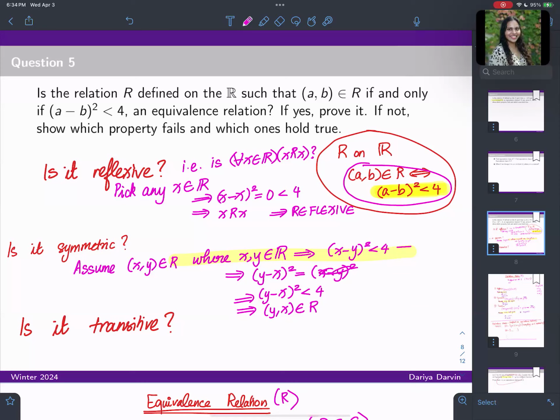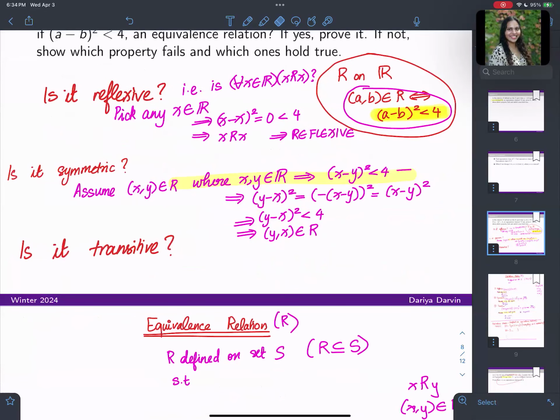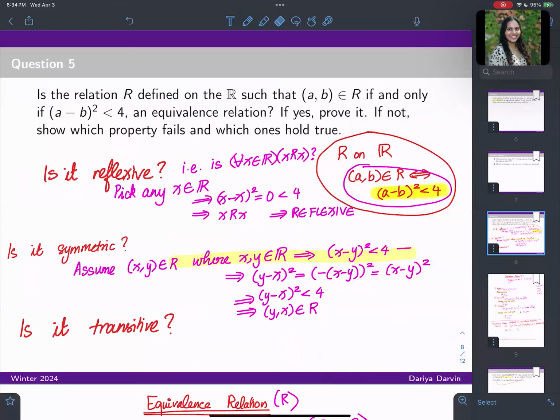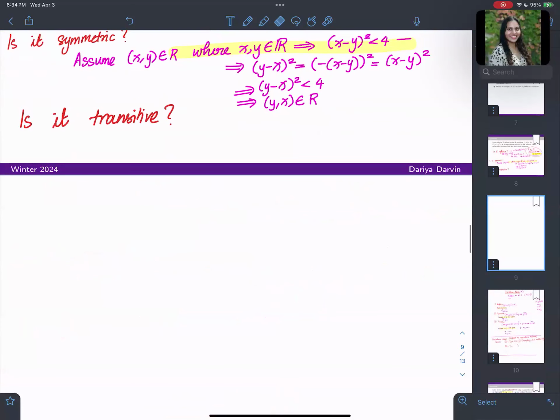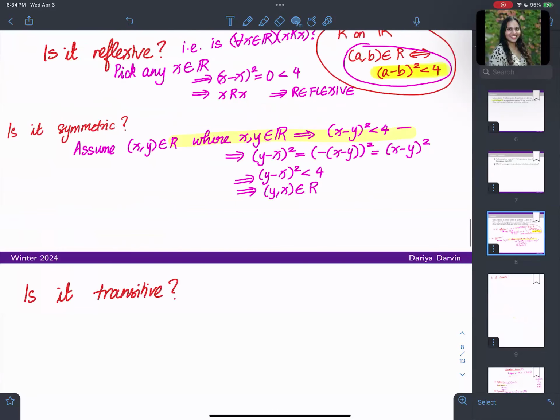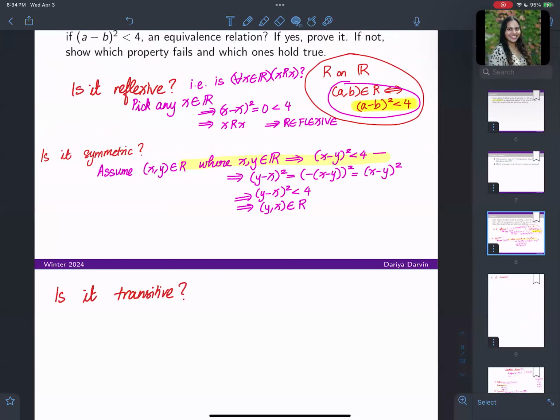So y minus x squared is just the negative of x minus y, squared. So the minus is irrelevant. When you square a number, it's like saying 1 squared is less than 4, and minus 1 squared is less than 4. Negatives have the same square. That's why you can do this. Does that make sense? I'm very confused why no one said that answer. I thought that was a very obvious and simple thing, which obviously it might not have been for you. So is there something that confuses you in that?